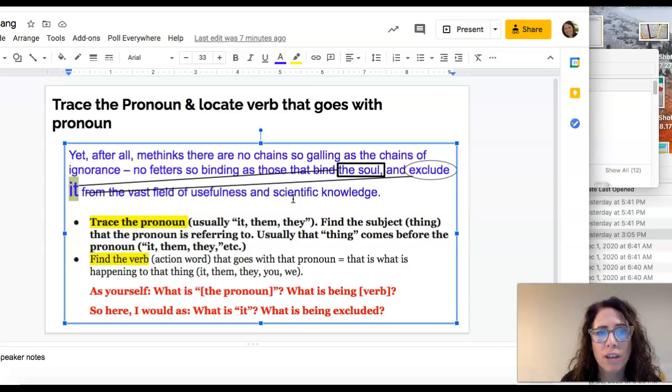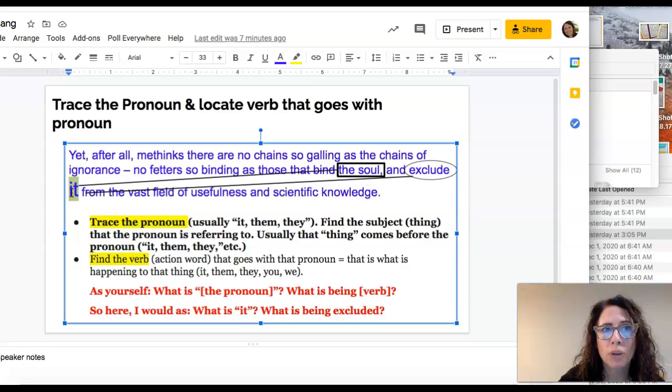So how did we figure that out? Well, we traced the pronoun it back to the thing that she's talking about, to understand what the usefulness and scientific knowledge is about, and then the verb, because the soul is excluded. So one thing I want to ask myself always when I find a pronoun like it, them, they, right?